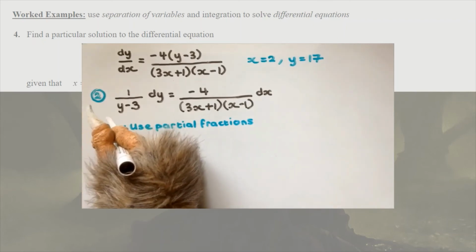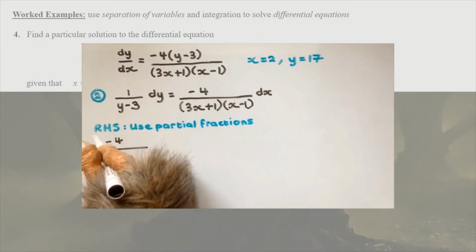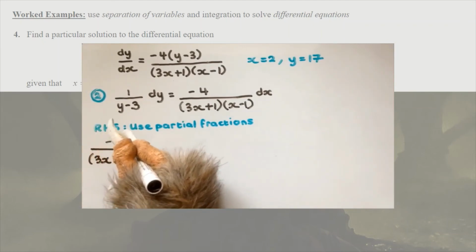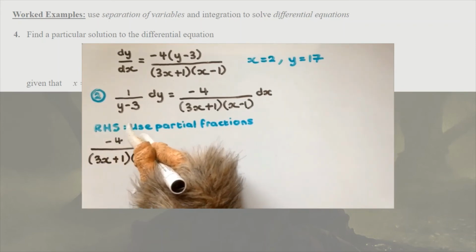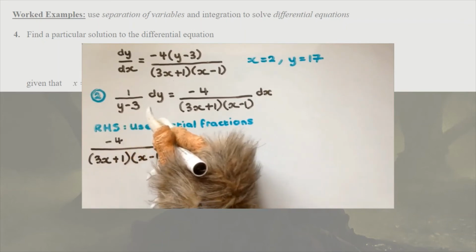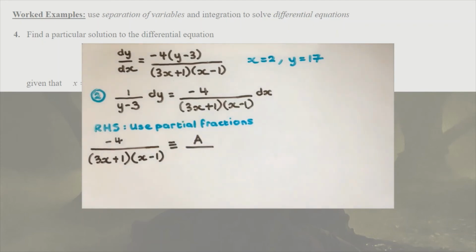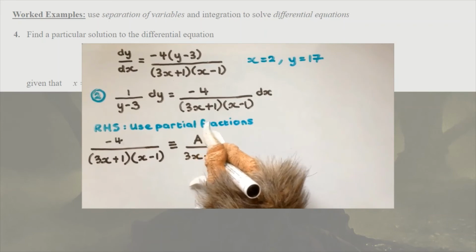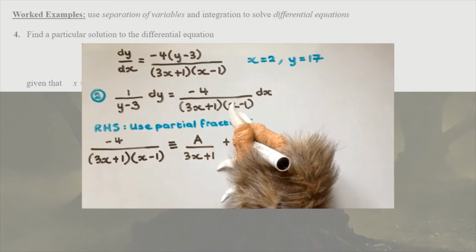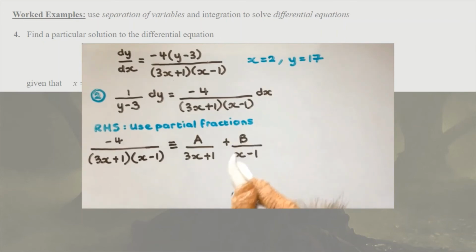So we're going to have negative 4 over 3 lots of x plus 1 and x subtract 1 must be identical to some constant a over 3x plus 1 plus some other constant b, which we'll call it, over x subtract 1. And that's basically what I was trying to say in my ramble a few minutes ago.